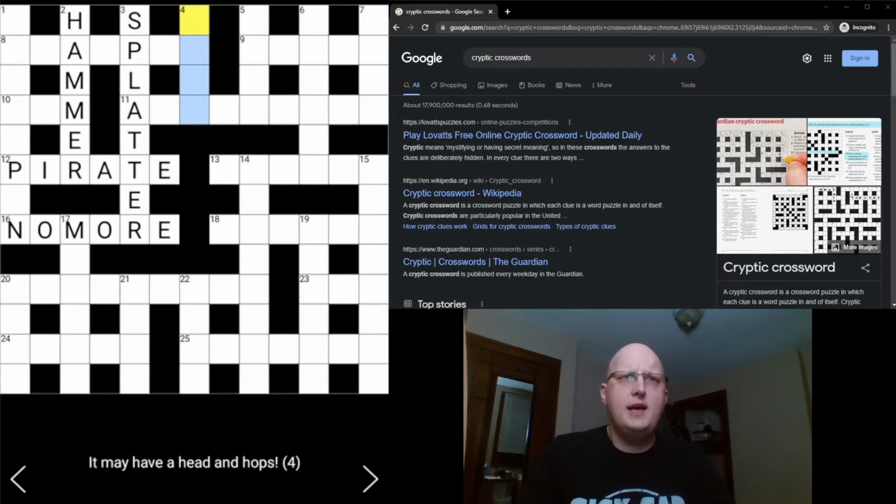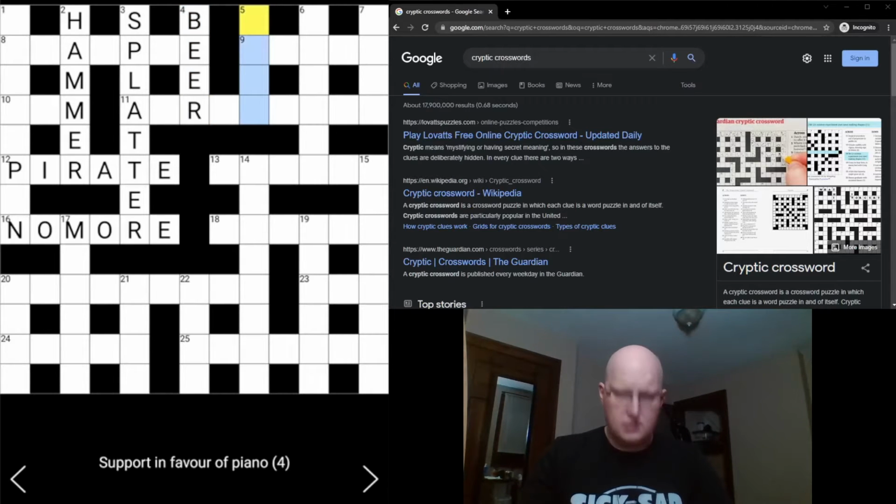It may have a head and hops. Oh, no. I bet it's beer. Because a beer will have a head if you pour it, and it's made with hops. I'm going to put beer in and just keep a mental note that I'm not certain on that one.